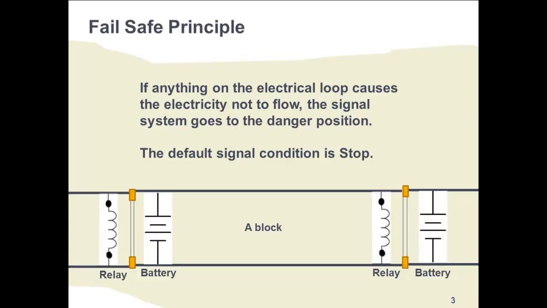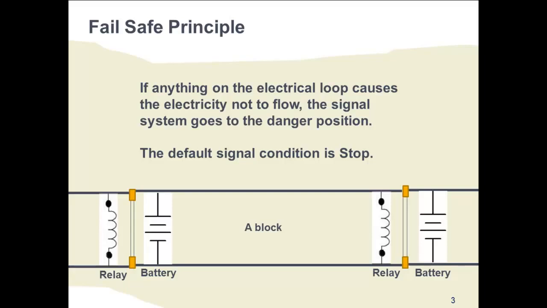The diagram shows a block, that is, a segment of a railroad in which the rails conduct electrical energy in a loop between the battery and the relay. The rails are the conductor of the energy. You can think of the rails as wires. The rails in each block are isolated from the rails in the adjacent blocks.